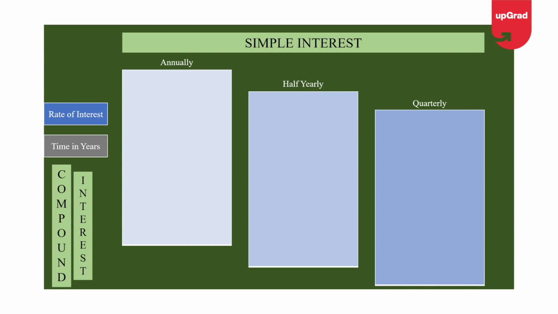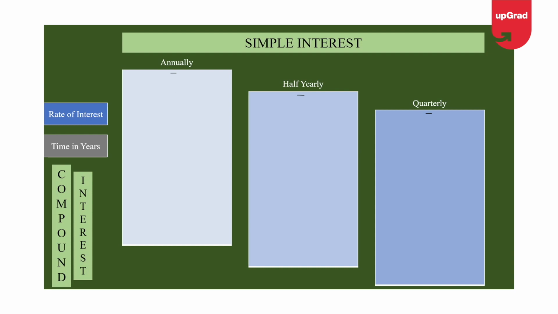But before that, we should understand one more fundamental concept, and that is, so far we were calculating everything annually. What if the question asks us to calculate things half yearly or quarterly? Like on your screen, you can see that I have three tabs: one for the annual calculation, another one for half yearly calculation, and the third one for quarterly calculation.